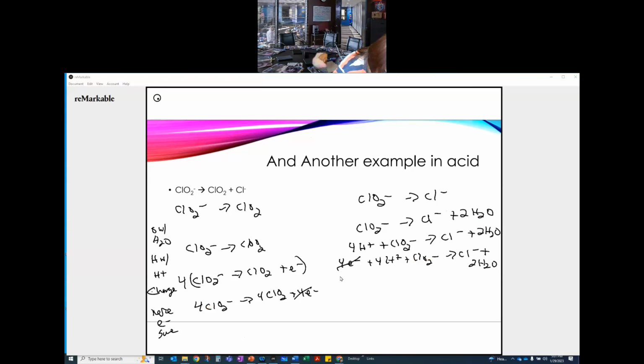So when I add these two together, I'm going to have 5 ClO2 minus plus 4H plus gives me 4 ClO2 plus a Cl minus plus 2H2O.